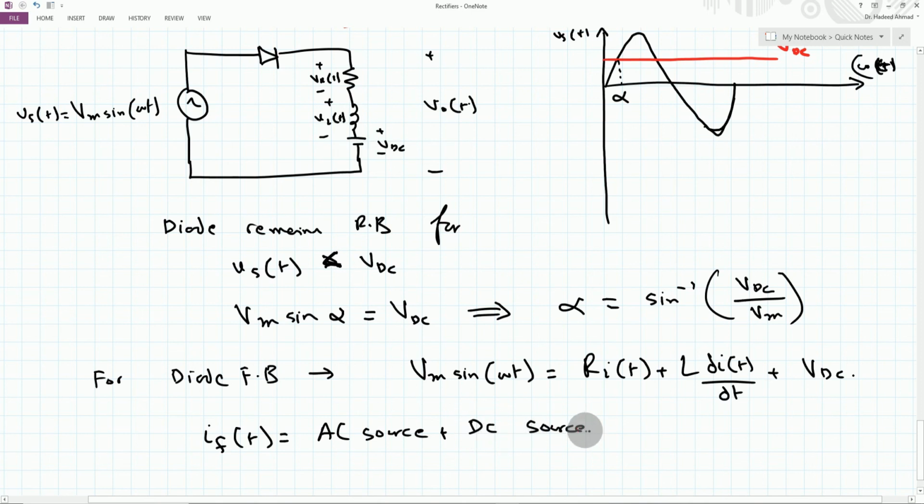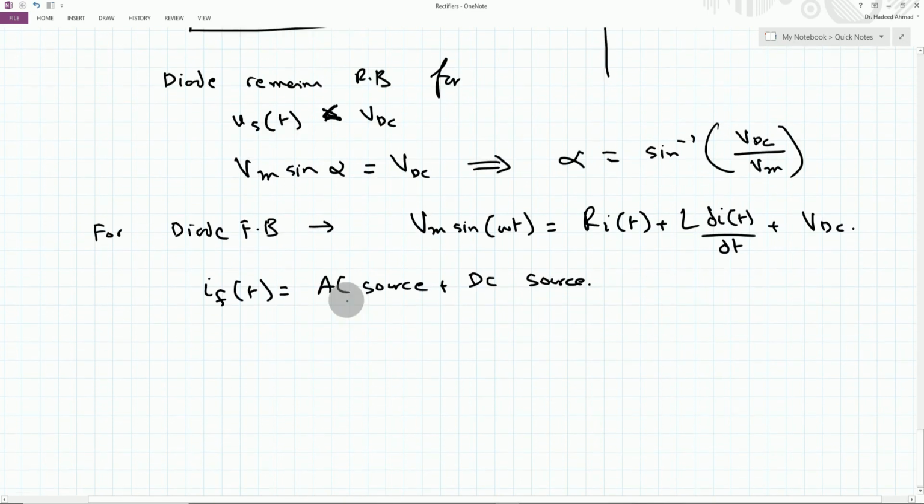So their combined effect shall be the forced response for this given circuit. Here you can see that for this AC response, we can use any expression that we have studied in linear circuit analysis.